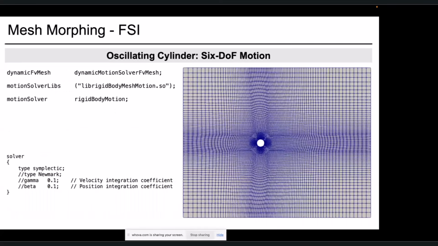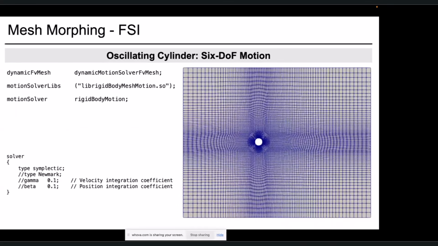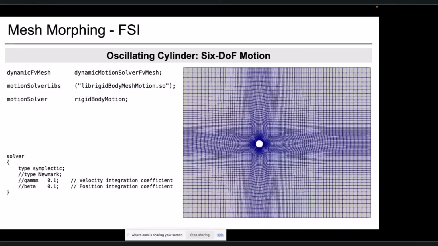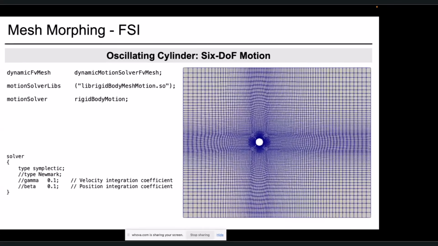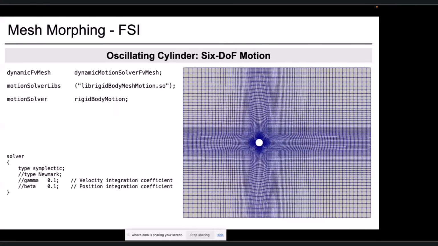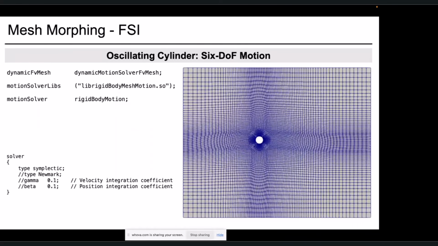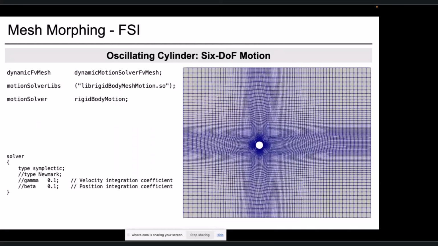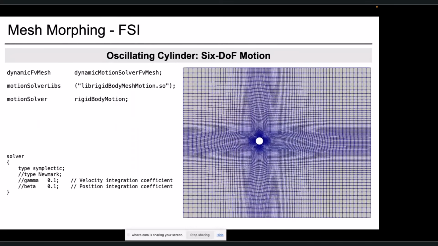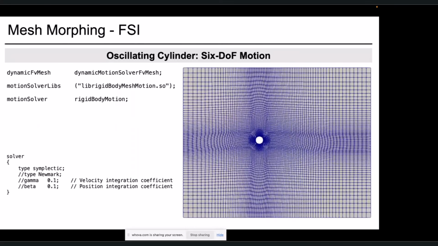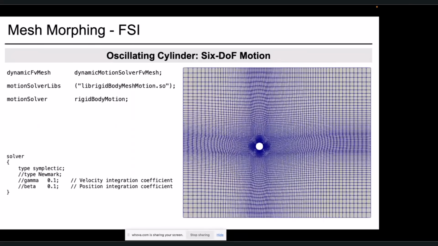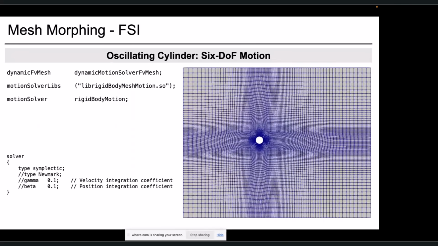All right. Now, the second category of problem is if the motion is not prescribed, but is induced by some other agent, such as, let's say, flow. If the motion is governed by the fluid and undergoes a coupled fluid-structure interaction, how do we simulate it? Of course, that capability is also available within OpenFOAM.